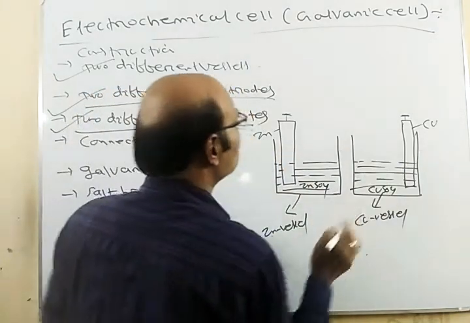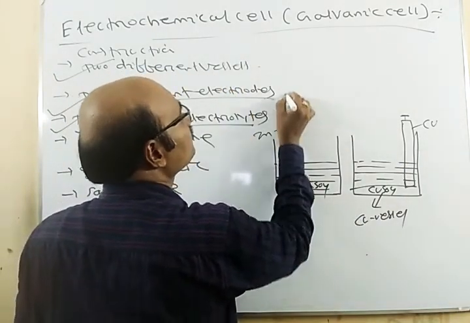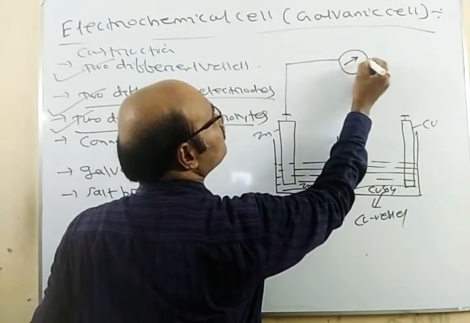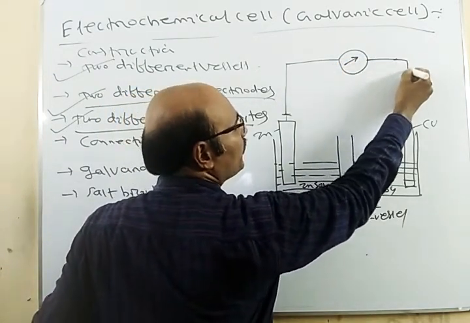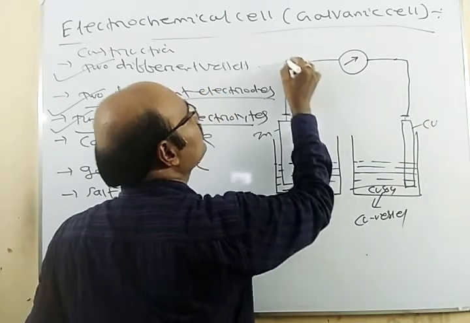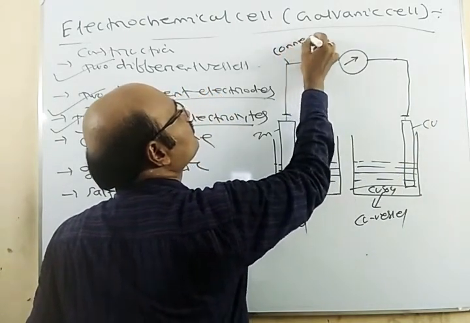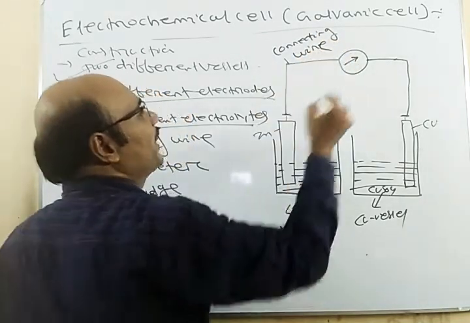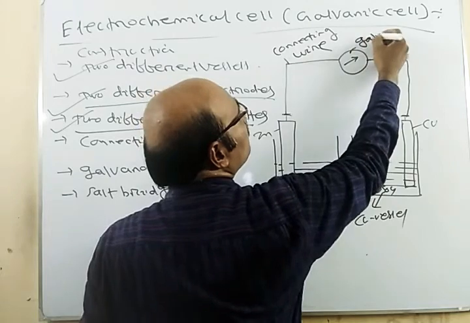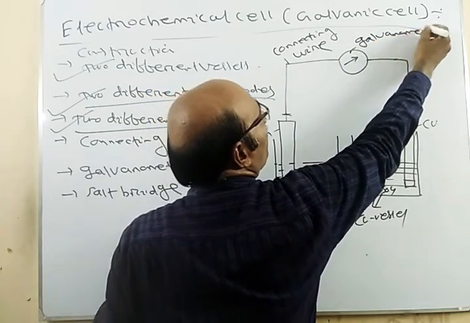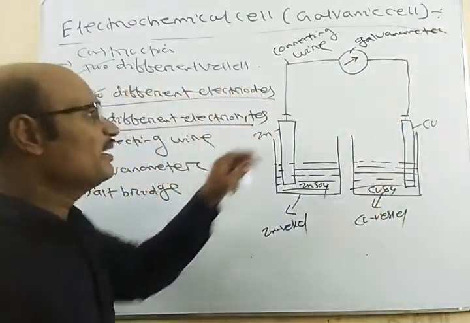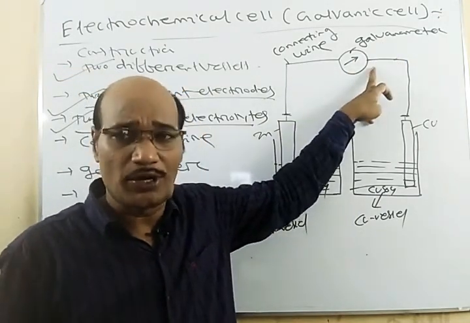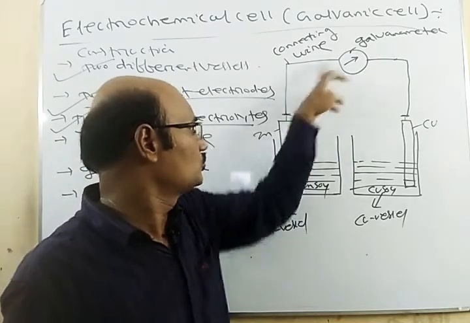Now these two electrodes are connected by means of a connecting wire. Okay, and we have a galvanometer here. This galvanometer will show the flow of electric current through this way.